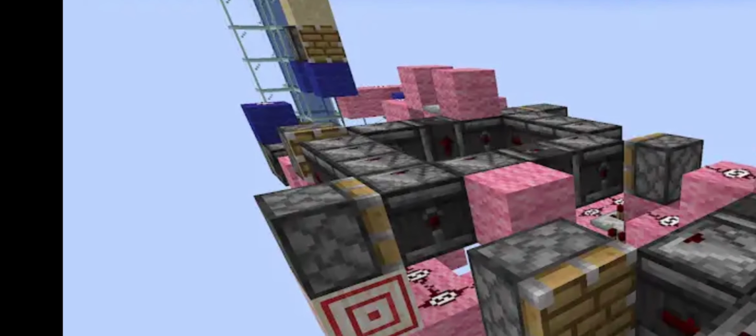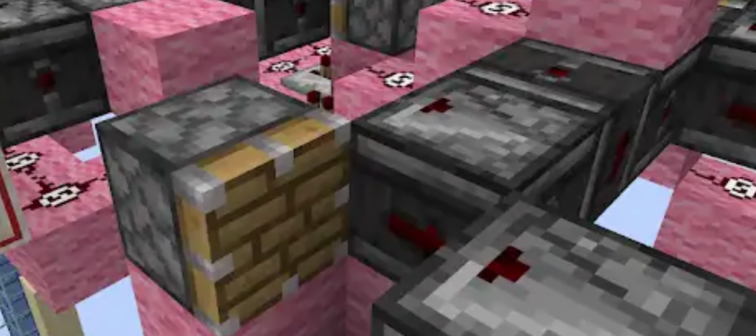Which means once this falls, it triggers the redstone dust, which then powers the sticky piston, which pushes the observer, which activates the observer, which powers that block, which I believe in turn activates this system, pushing that observer into that pink block, which spurs this one on.